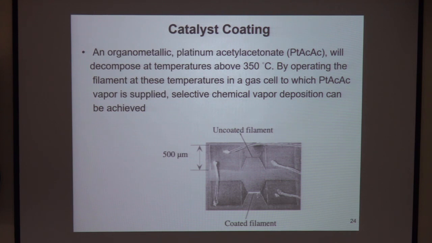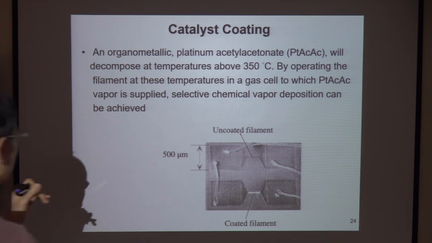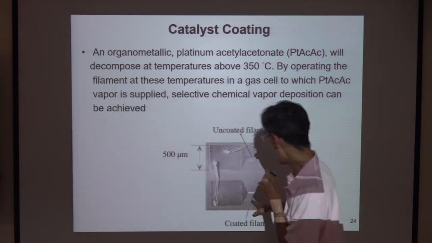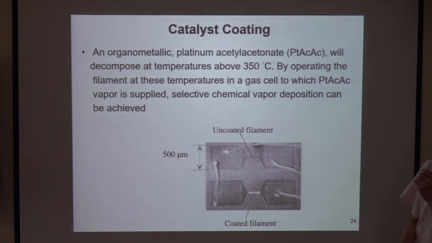Then the Pt vapor will drop on the filament to deposit the Pt on the filament. So this is the catalyst coating process.